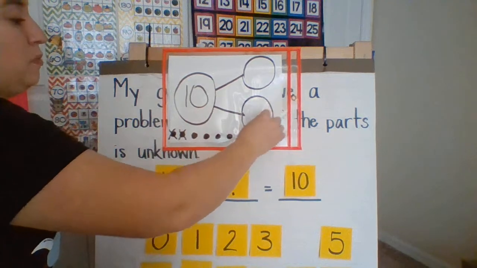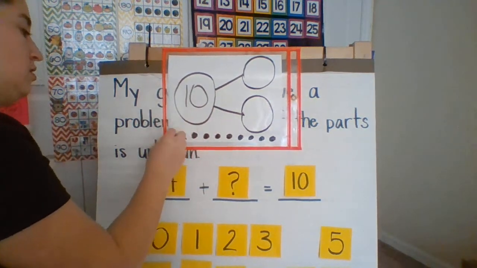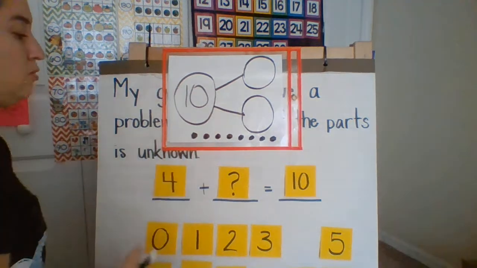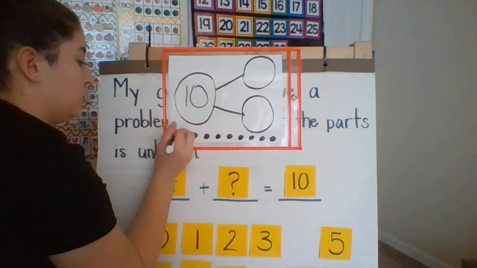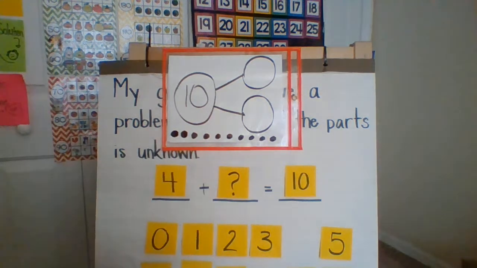So you should make a group of 4 and see how many you have left over. Okay, how many do you have left over in that other group?